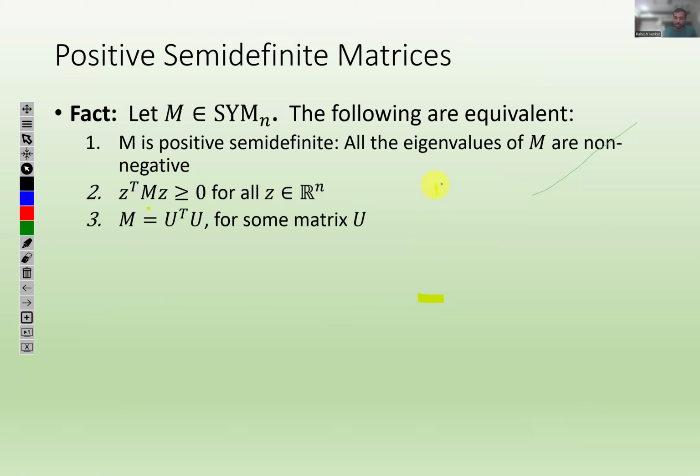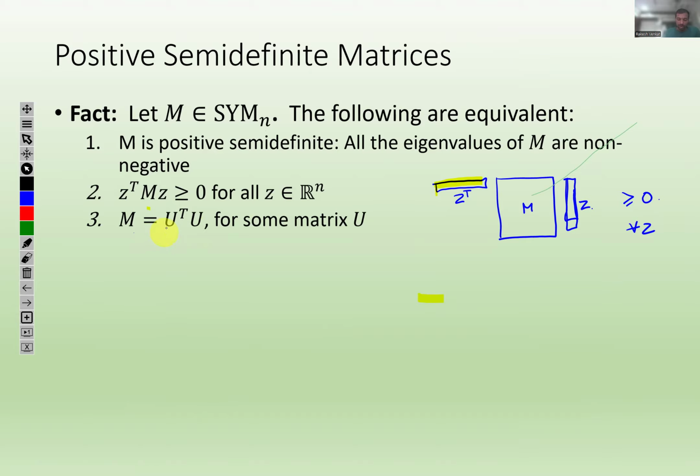That is, if you take this quadratic product, Z transpose M Z, where M is an n cross n matrix, this product is a scalar, and this has to be greater than or equal to 0 for all Z. And the third equivalent definition is that M is equal to U transpose U for some matrix U. This is going to be useful to us.